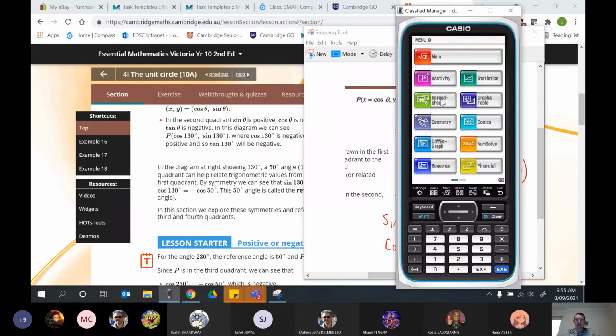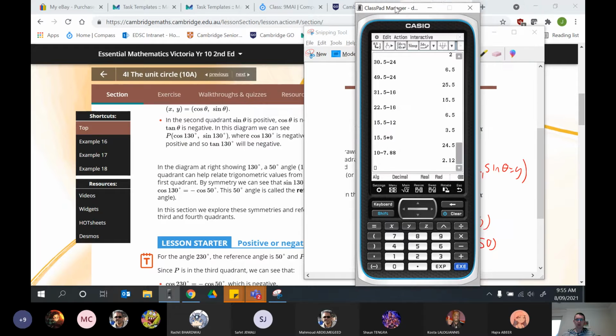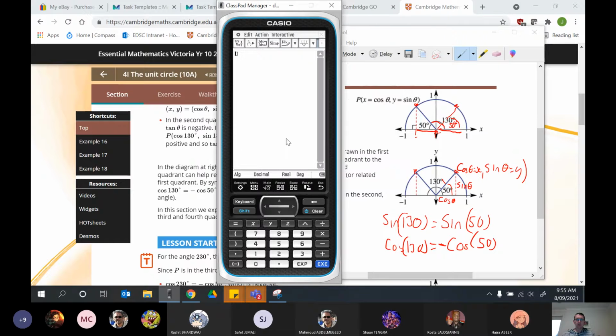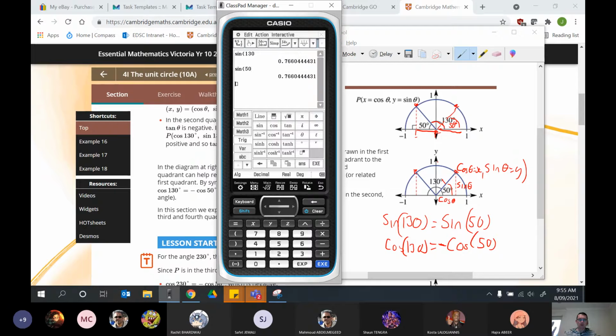So let's have a look at the calculator. If I bring up my main, and clear all this, make sure we're in degrees in this mode. We're not dealing with radians yet. So if I do sine 130 degrees, that would be the same thing as sine 50 degrees, because they're both at the same y value.